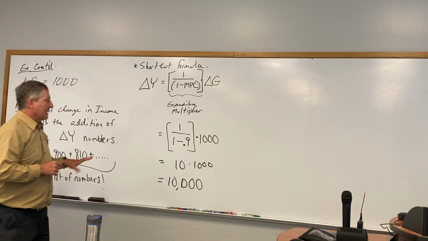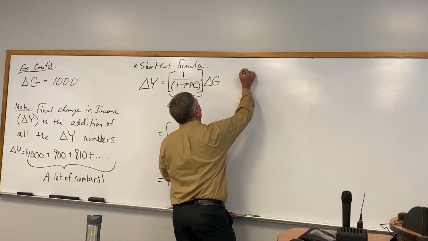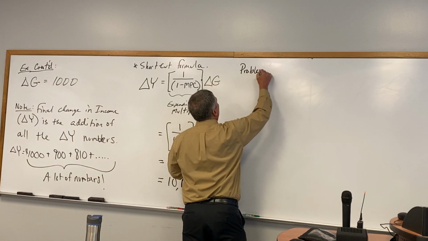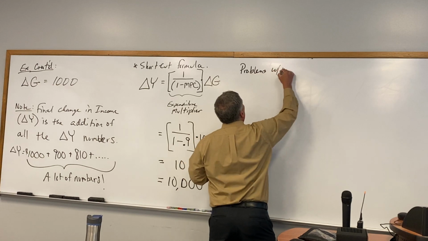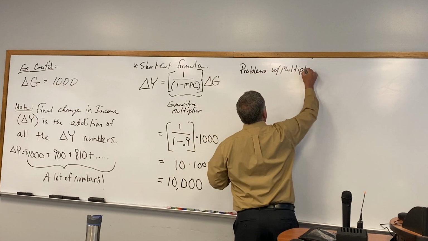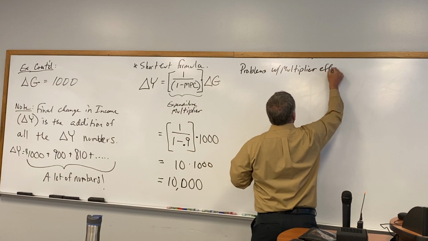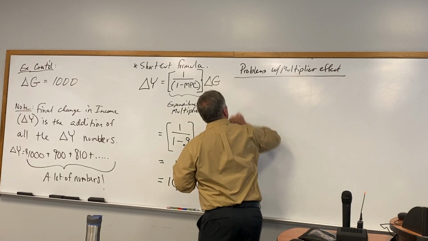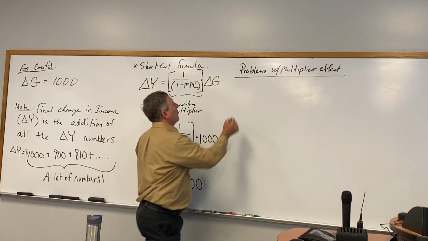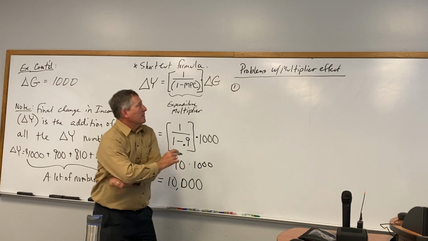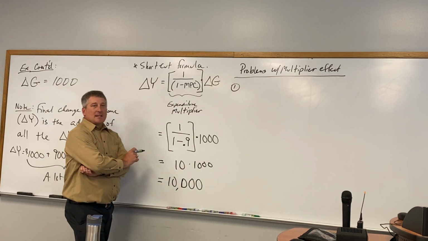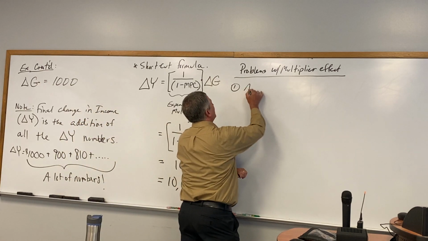So the only way you get that, so there's a couple problems with the multiplier. So let's put problems with the multiplier effect. Number one, and I think probably the most important one, is that it assumes prices stay fixed.